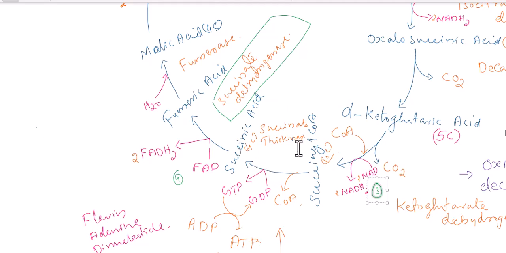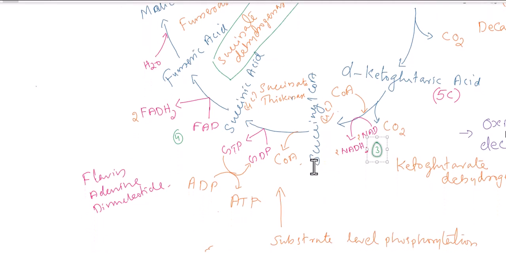Here during this step one important process occurs. What is that? GDP gets converted to GTP. GDP gets the phosphorus from the substrate, succinyl coenzyme A, directly given to GDP, so it becomes GTP.